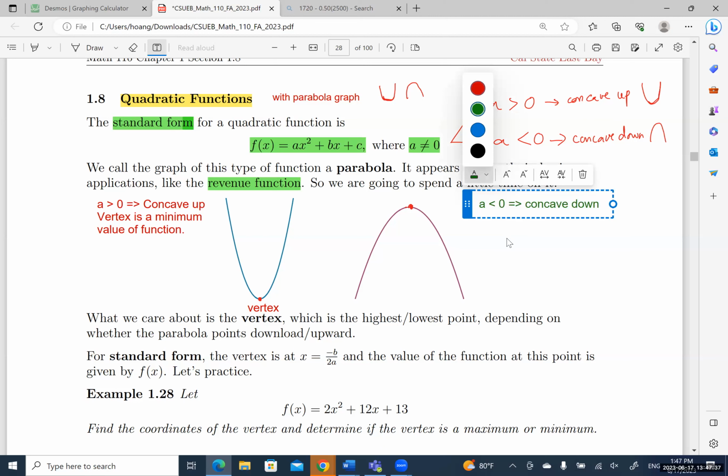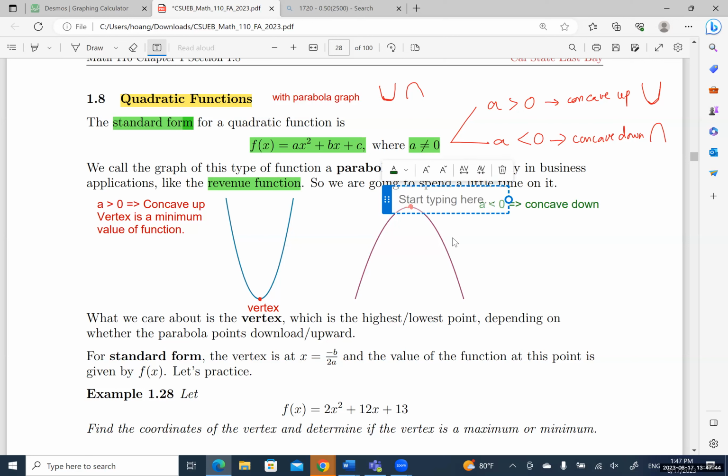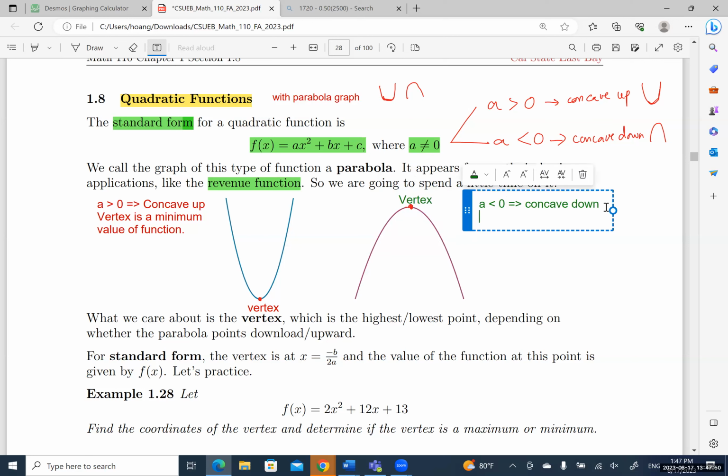I'll use article here. For the K, when you have concave down, you also have a vertex, but in this case, the vertex is a maximum value of the function, right?